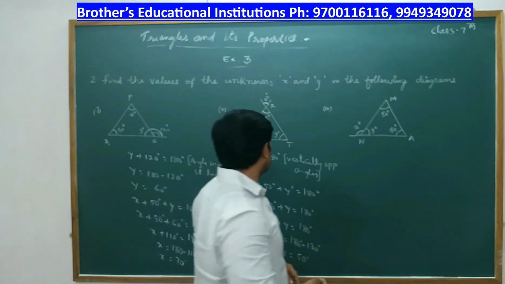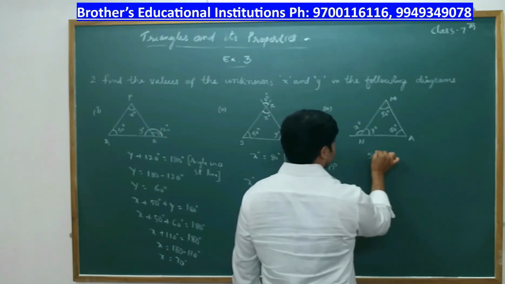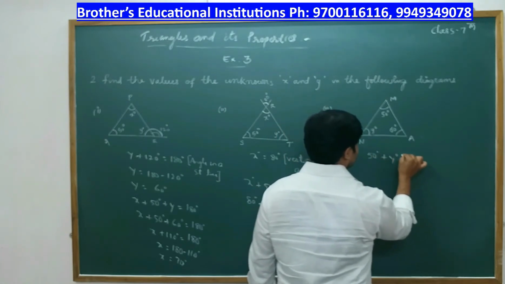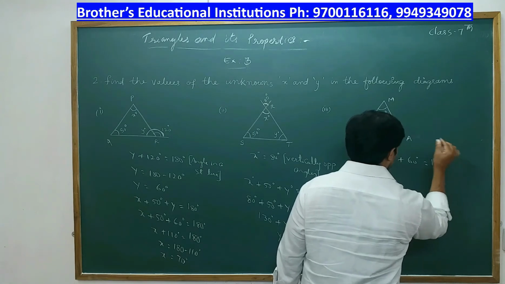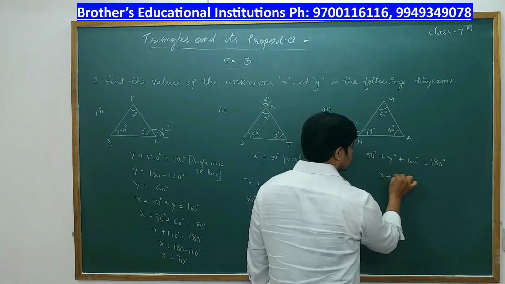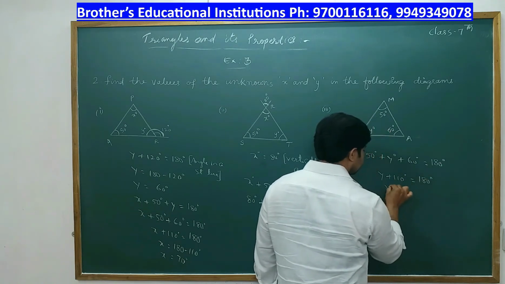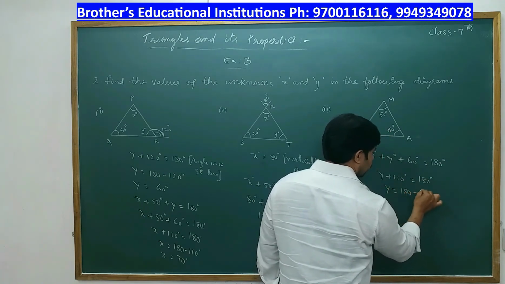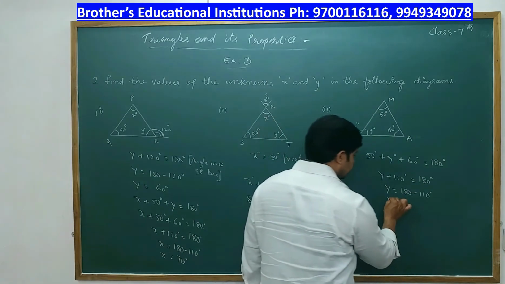So first we use angle sum property, that is 50 degrees plus y plus 60 is equal to 180. So y plus 110 degrees is equal to 180 degrees. So y is 180 minus 110. So y is 70 degrees.